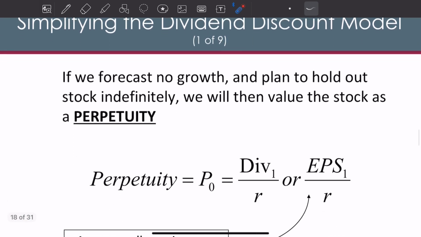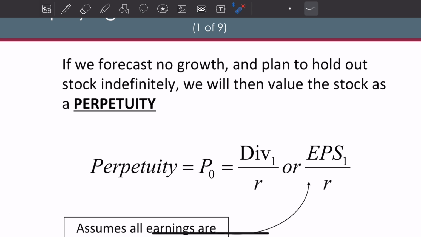If we forecast no growth and plan to hold the stock indefinitely, we will then value the stock just like we calculate perpetuities. If you remember in chapter 5, when we were talking about the time value of money, we learned the formula to calculate a perpetuity.